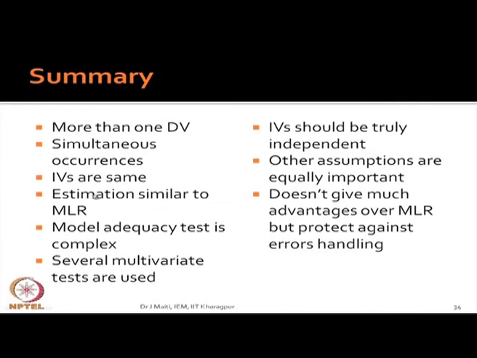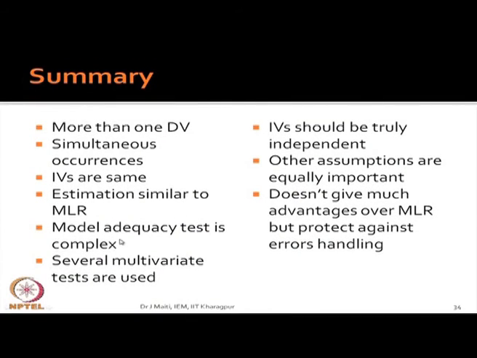From the estimation point of view, it is similar to MLR. The model adequacy test is complex because you are going for a likelihood ratio test, and there are different tests: Pillai's trace, Wilks' lambda, Roy's greatest root, and Hotelling-Lawley. Several multivariate tests are there. The IVs should be truly independent. Other assumptions are equally important. It does not give much advantage over MLR, but protects against error.